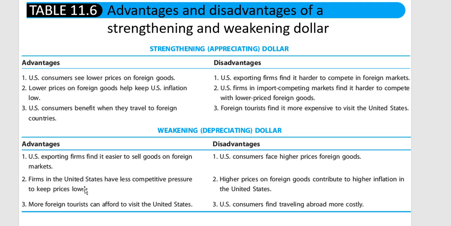Second, firms in the United States now are going to observe that their foreign competitors place their products in the US at a higher price, so alleviates foreign competition to a certain extent. And more tourists are expected to come visit the United States because if the dollar is weaker, then it's cheaper for them to come visit the US.